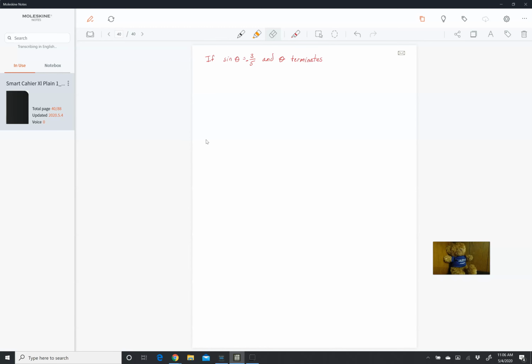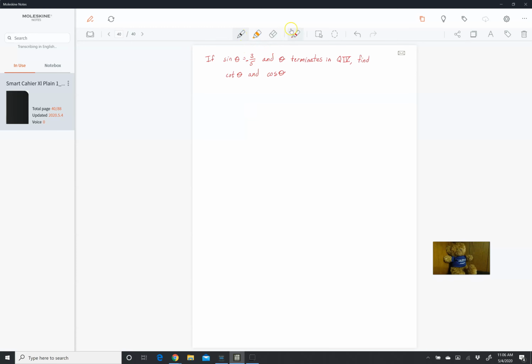So it's actually negative 3/5 because sine is negative in quadrant 4. We won't find all of them. Let's find the cotangent of theta and the cosine of theta. So we don't have to find all of them. We'll just find those two.